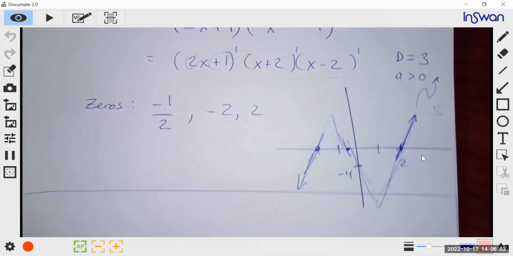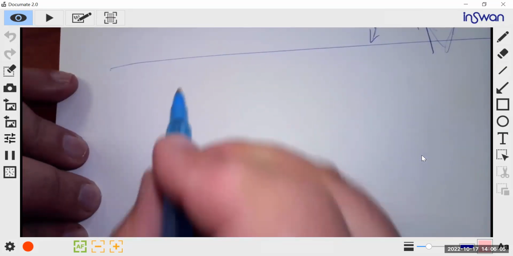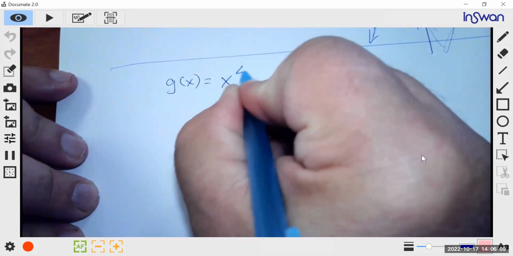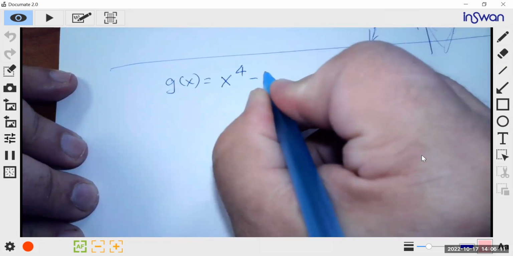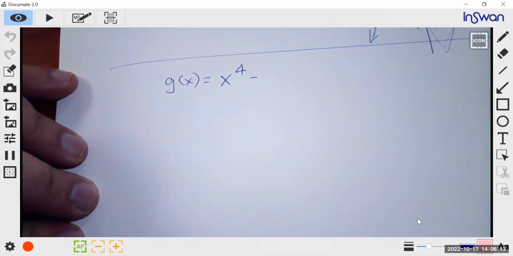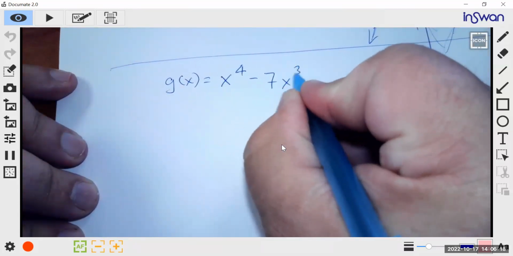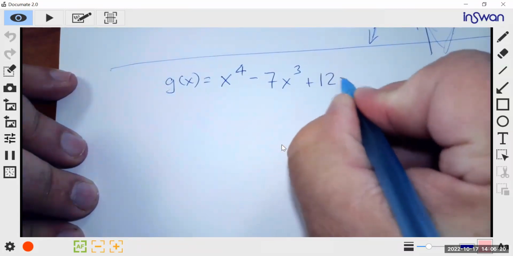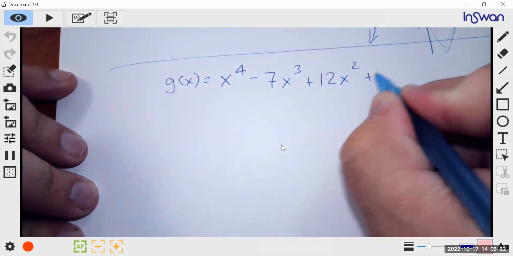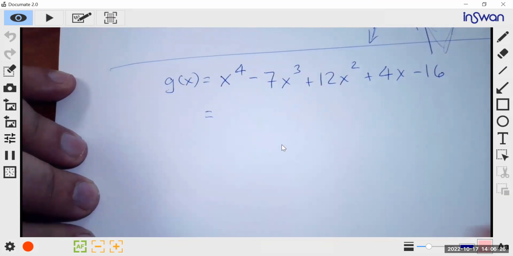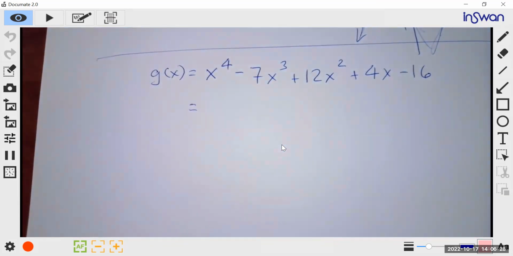Okay, this one. Sketch this one. X to the 4th minus 7x cubed plus 12x squared plus 4x minus 16. In a week, you're going to be able to factor this yourself.